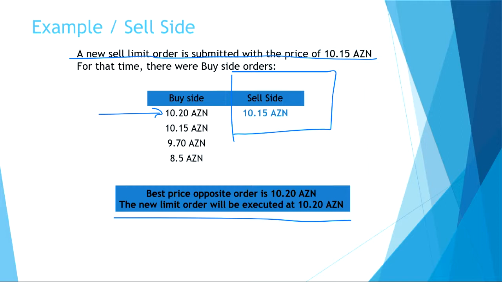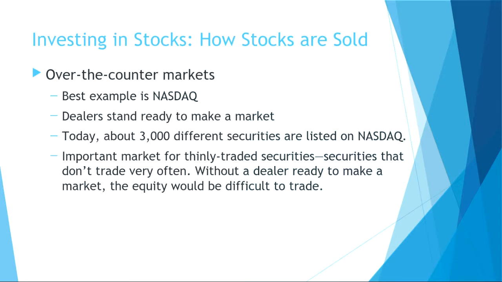Okay, let's move on to the OTC, over-the-counter markets. The best example is the Nasdaq for the over-the-counter markets. National Association of Security Dealers Automated Quotation System, that is the full name of the Nasdaq. In these markets, dealers themselves provide the bid and offer prices, and the investors can choose the best bid or best offer price.